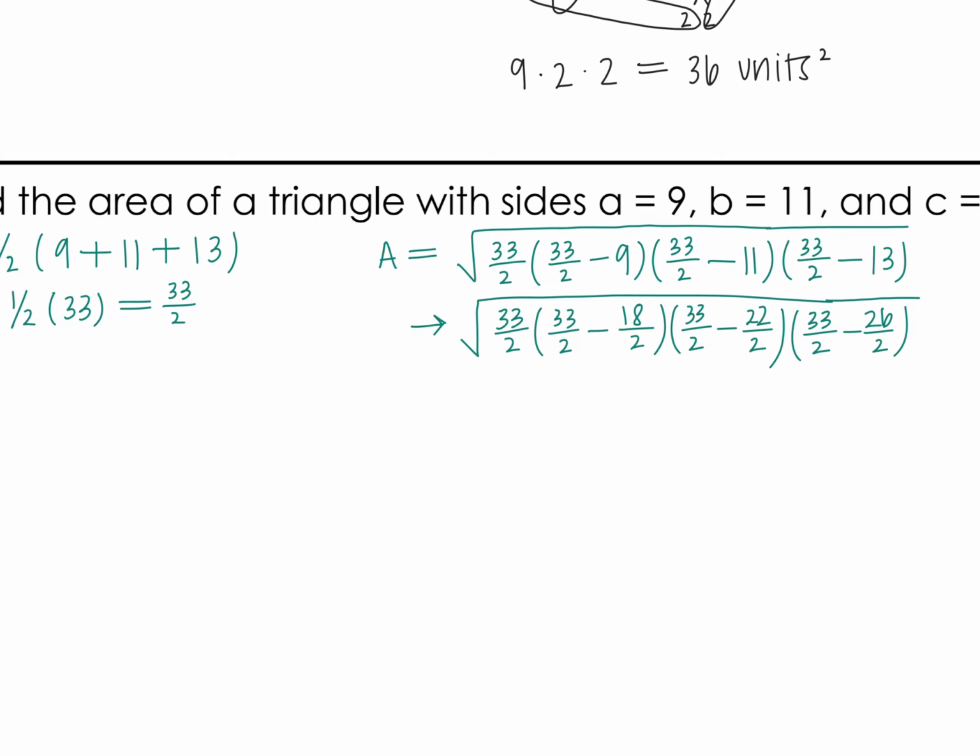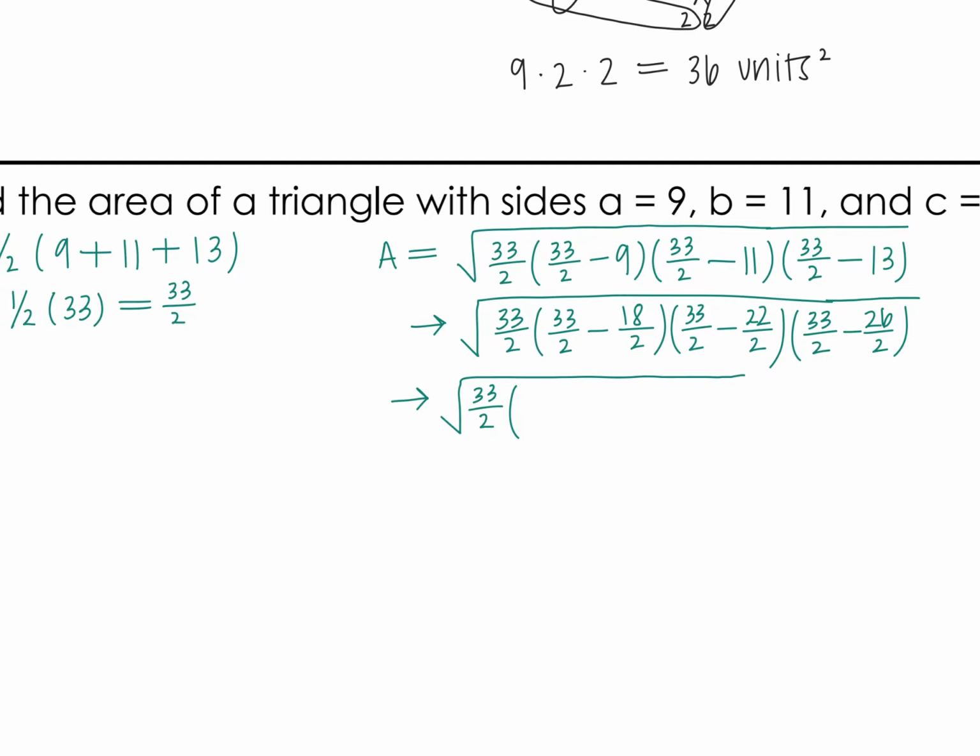All right, so remember, when it comes to subtracting with fractions, we need them to have that same denominator. But when we actually subtract, we are only going to focus on subtracting the numerators, the top numbers, and we'll be left with that same denominator in the end. So here I'm going to rewrite this. We'll have our square root of 33 over 2.